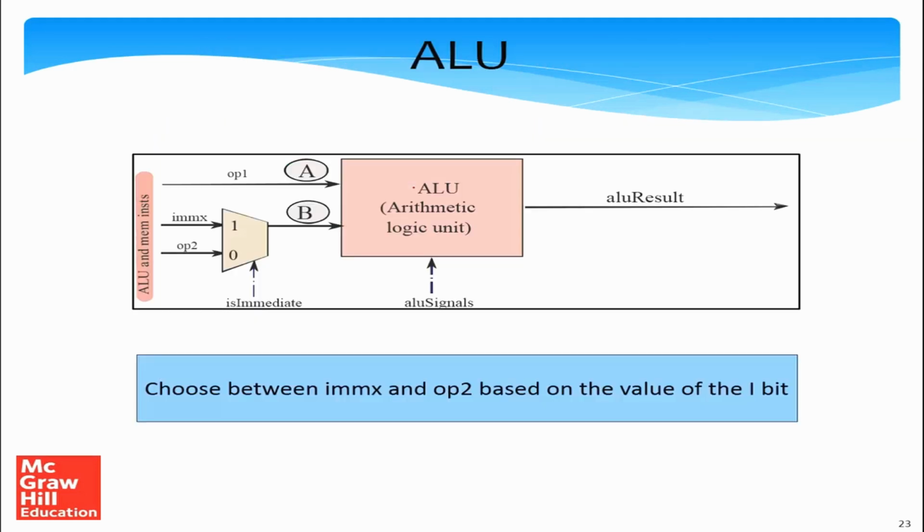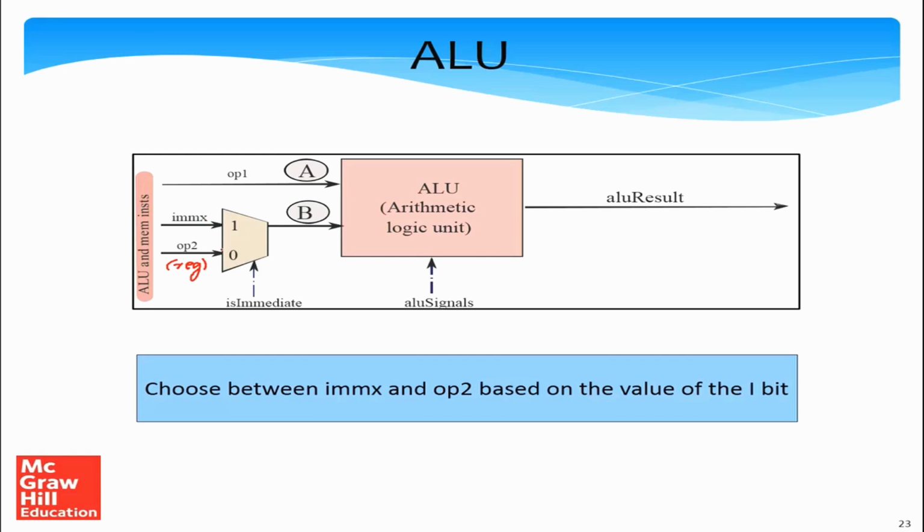So now let's take a look at the other component of the execute stage, the EX stage, called the ALU, the arithmetic logic unit. So basically it has two inputs, let's call them A and B. The first input is OP1, which is the first source. The second input can either be a register, which is essentially OP2, the second output of the register file, or the immediate, immx, which is a 32-bit extended immediate.